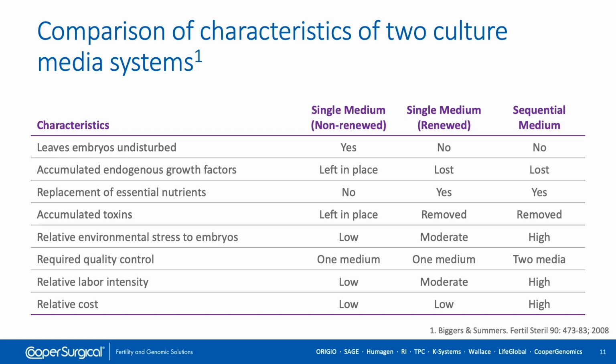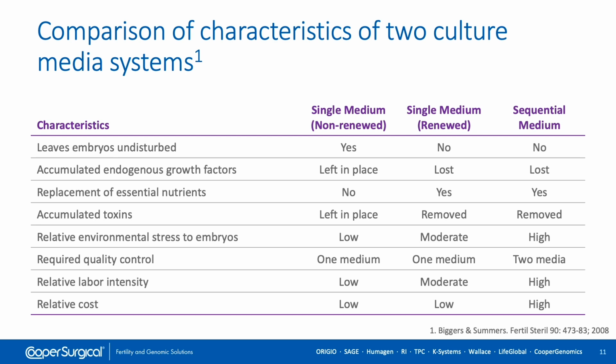If there are any accumulated toxins, of course, they're left in place when we don't renew the media, and they're removed on day 3 when we do. And again, you can see the differences in the different types of media in terms of what we need to do in quality control, labour intensity and the relative costs. And these come from a paper published in 2008 by Biggers and Summers.